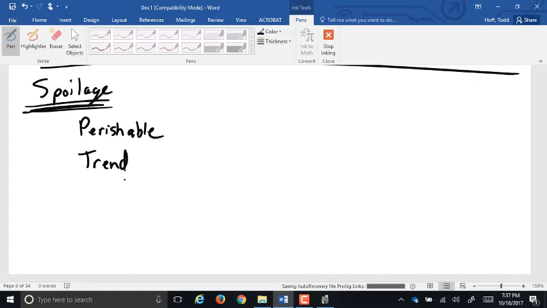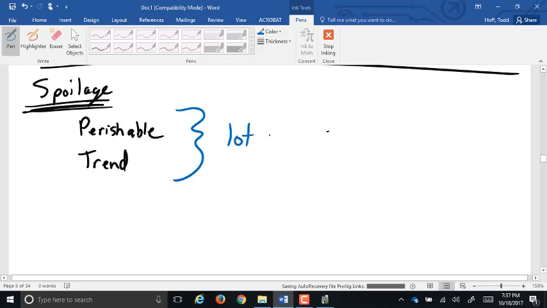When we are dealing with either one of these, we cannot work individually anymore. We have to work on what's called a lot. A lot is a group of material, a lot of items.